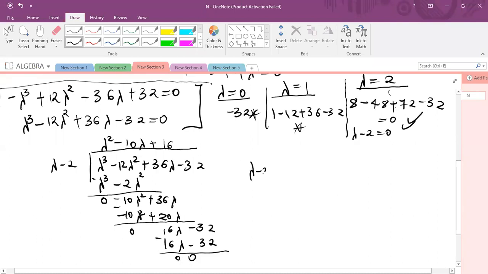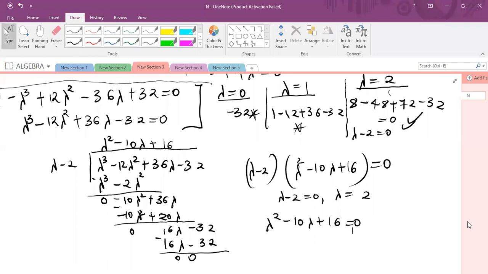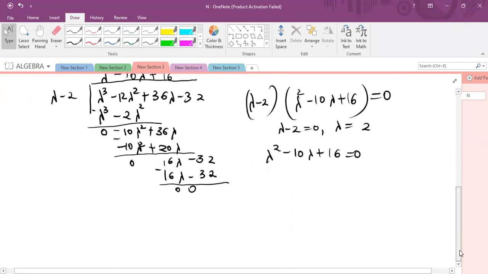So lambda minus 2 multiplied with lambda squared minus 10 lambda plus 16, this gives us this particular equation and is equal to 0. Since we already know lambda minus 2 is equal to 0, hence our lambda is equal to 2, we solve for this other one. Lambda squared minus 10 lambda plus 16 is equal to 0. So we are going to use the quadratic formula to solve.